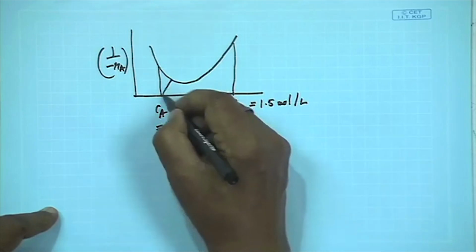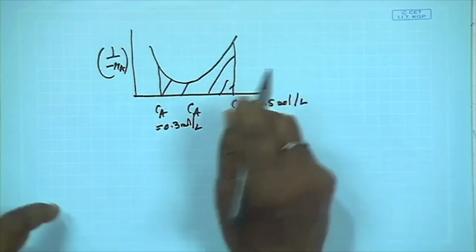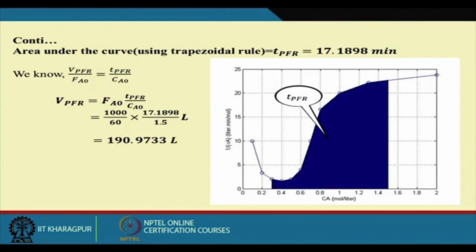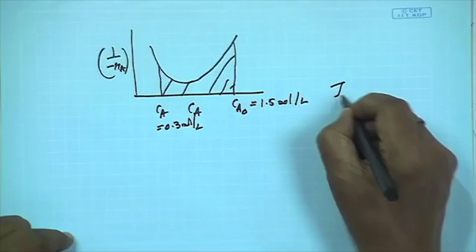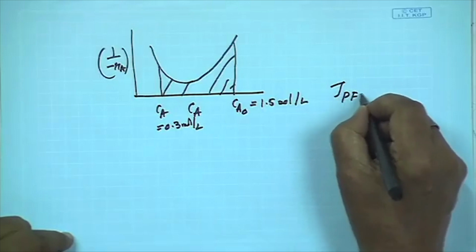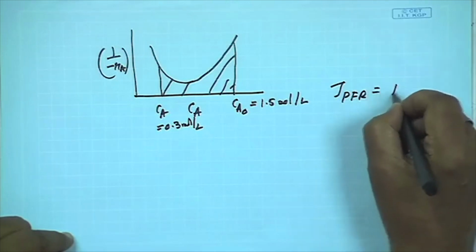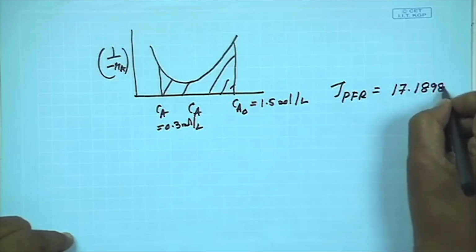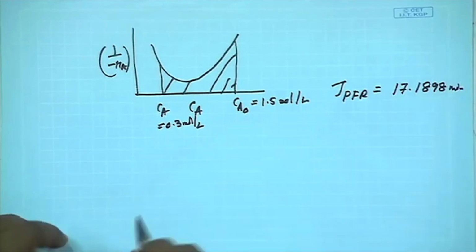The area under this curve I can similarly find out, and it has been determined. The tau plug flow reactor is found to be about 17.1898 minutes.